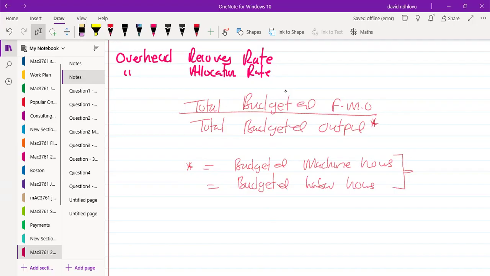If they are calculated based on machine hours, they will tell you. If we use this calculation, the ORR that we get, which is the overhead recovery rate, will be cost per unit. If we use hours, it will be cost per hour. Then if we want to know the cost per unit, we'll have to determine how many hours it takes to produce a unit. So the ORR will serve as our fixed manufacturing overhead cost per unit. And that's a budgeted cost.